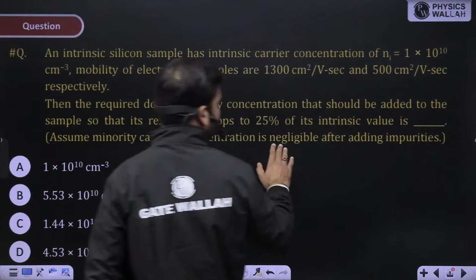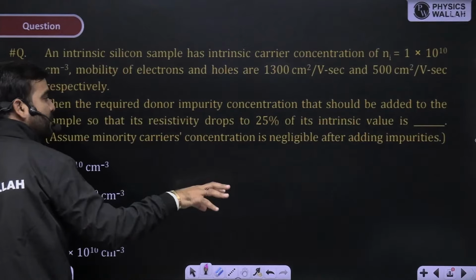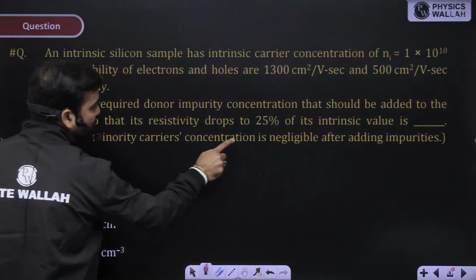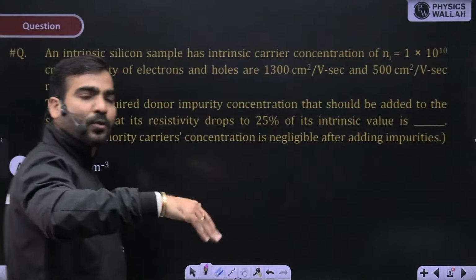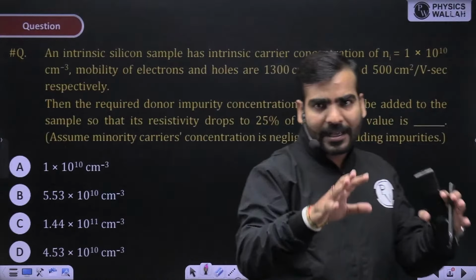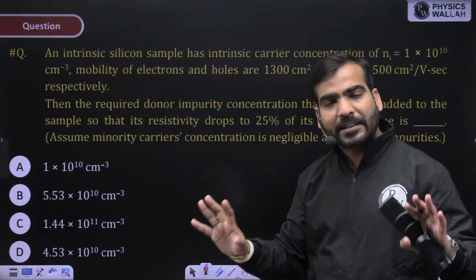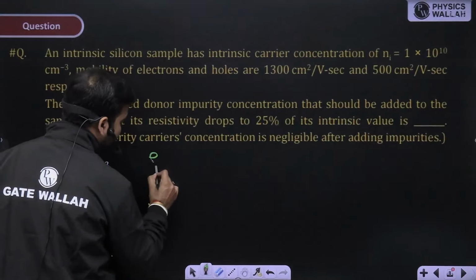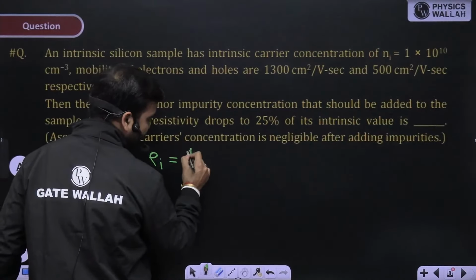Then we have to find out how many donor impurity atoms you have added. Assume minority carrier concentration is negligible after adding impurities. When you are doing the doping process, during the calculation, just ignore the minority carrier concentration. That is the question. Okay, so first of all, without doping, initially the semiconductor is intrinsic, and the resistivity of an intrinsic semiconductor is 1 upon conductivity.